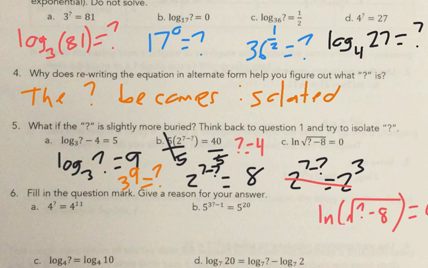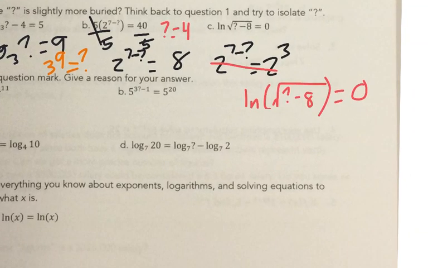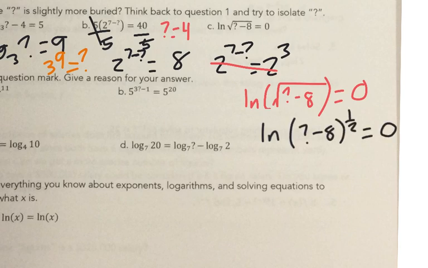It's the same thing as raising it to the 1/2. So here, if I've got the natural log of the square root of a question mark, I can rewrite that as the natural log of a question mark minus 8 to the 1/2, because a radical is the same thing as raising it to the 1/2 power. Agree? Now I have a power in the argument. What can I do with that? I can rewrite it as multiplication of the log. We good there?